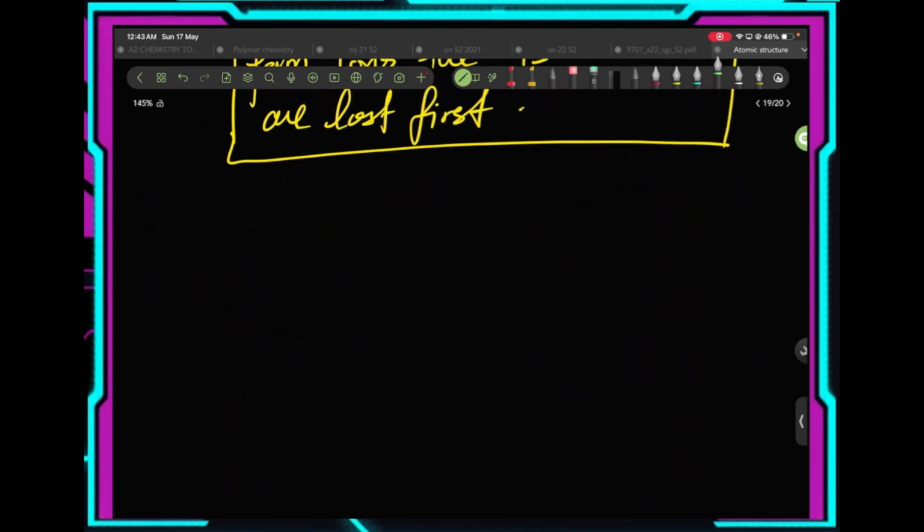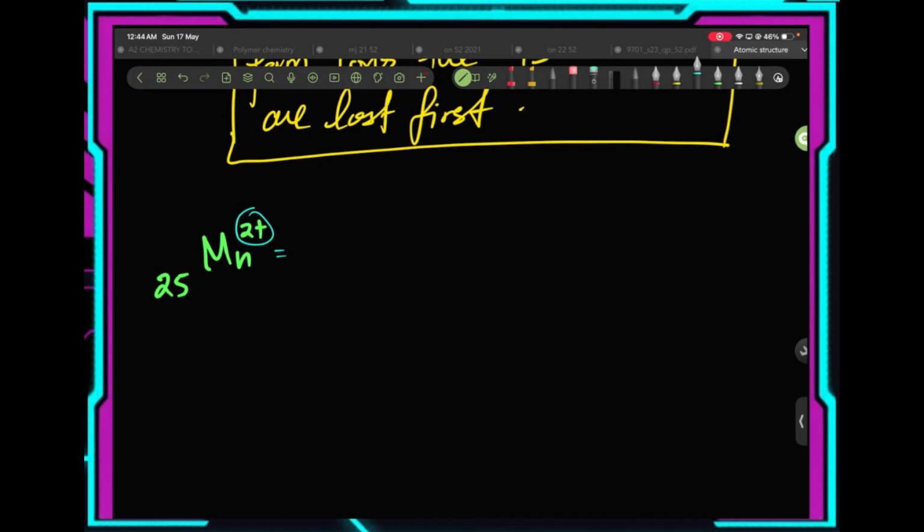What about, for example, if we go to the next example? Let's do it for manganese 2 plus, Mn2 plus. Manganese is 25. So how would you do it? First you'll ignore this charge right here and consider this to be a neutral atom.